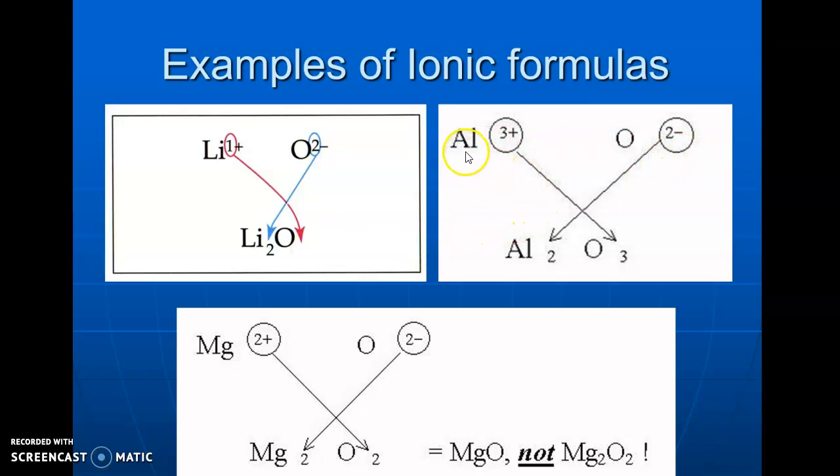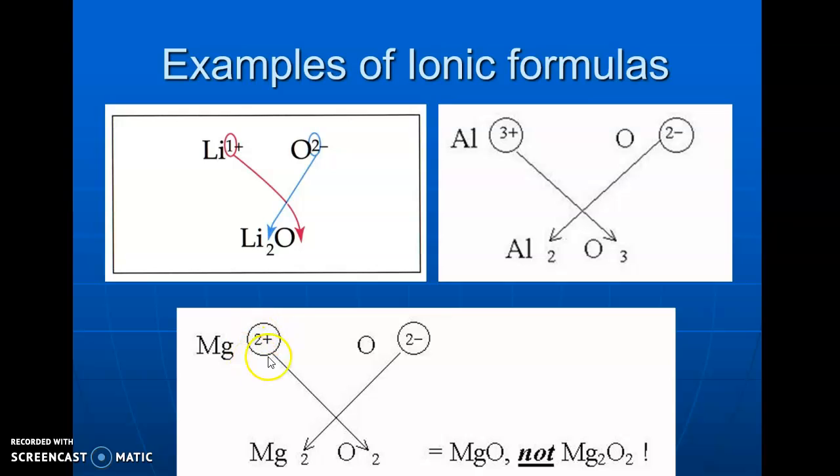Aluminum oxide, aluminum is a +3, oxygen is a -2, crisscross, and we get Al2O3. So we have 2 +3s, that's a +6. We have 3 -2s, that's a -6. +6 and -6 add up to 0. So this has worked.